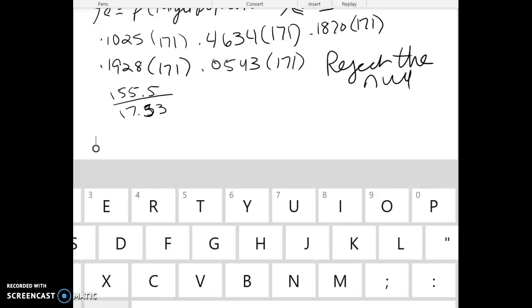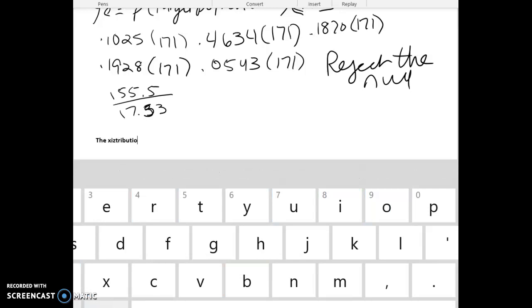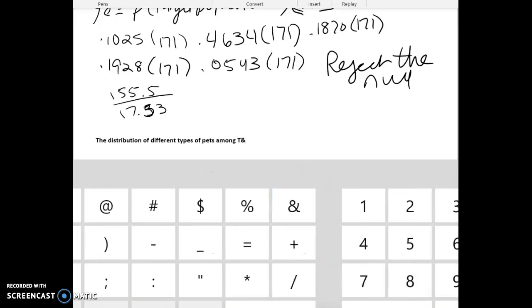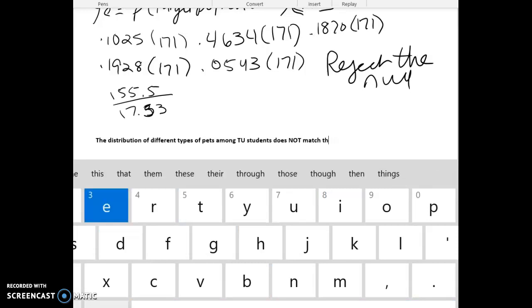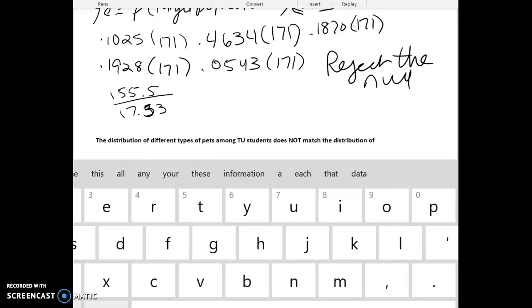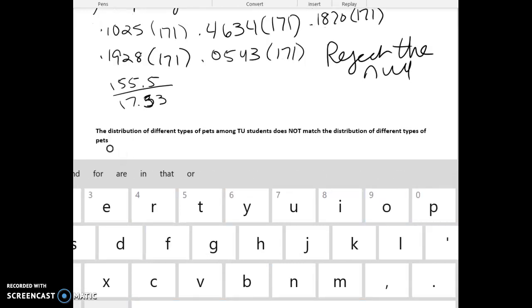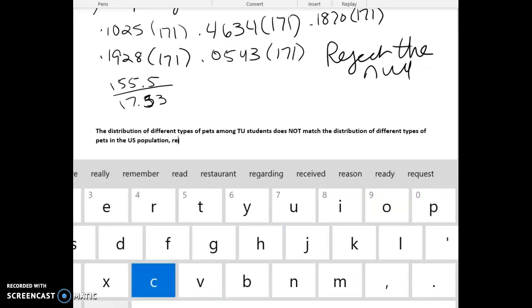We're going to conclude that the distribution of different types of pets among TU students does not match the distribution of different types of pets in the U.S. population. And then we're going to say reject the null.